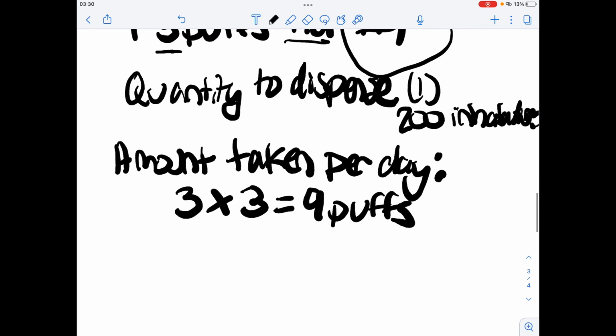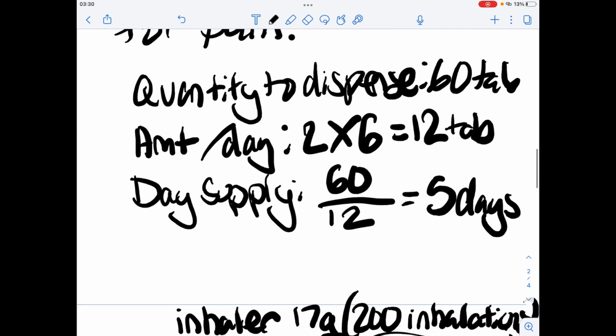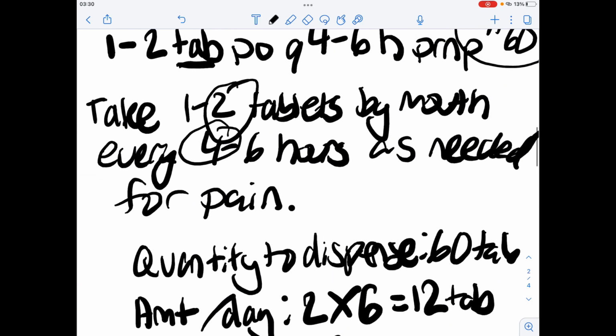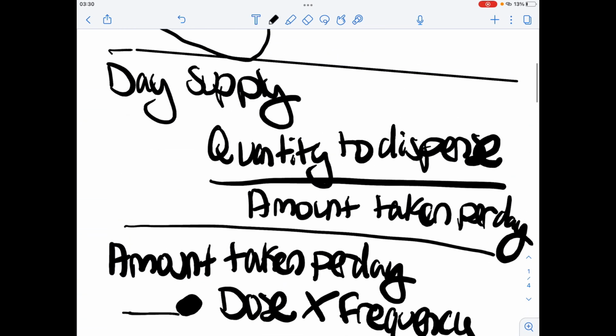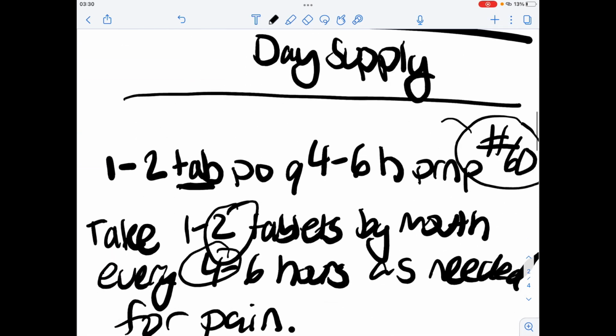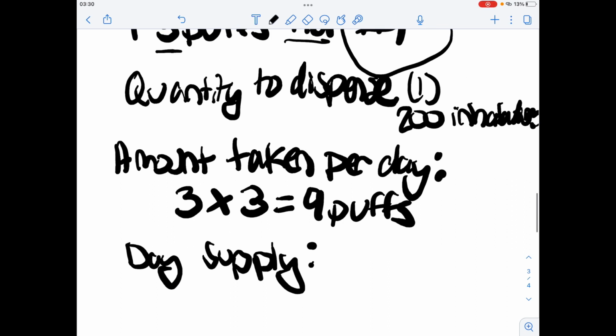And then the day supply. Remember that our day supply equation was quantity to dispense divided by amount taken per day. Let's do the quantity to dispense in puffs, so that all units are equal, because if we just say 1, that's not going to work for our equation.